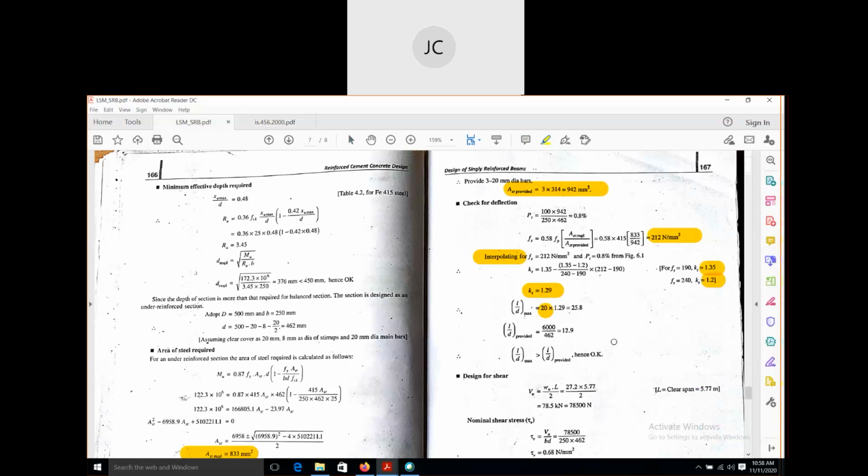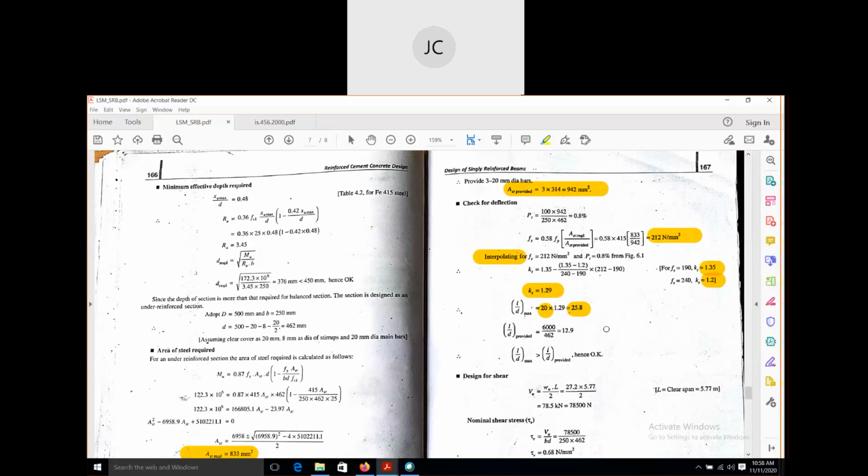So L by D max will be equal to 20 into modification factor, 1.29. It will be 25.8. That means for this beam the maximum value of L by D ratio can be 25.8.